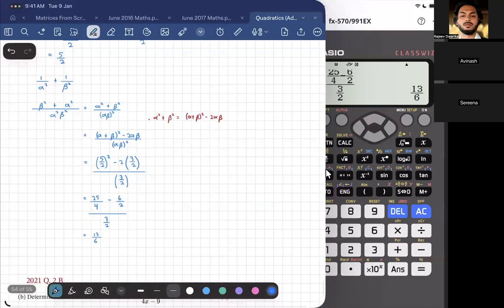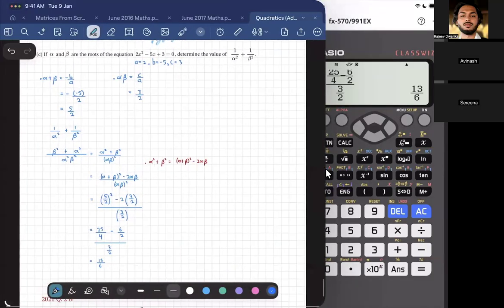So Avinash, can you walk me through the steps of these types of questions? What is the first thing you need to find? Find your original alpha beta, C over A. Then alpha plus beta, then alpha beta.